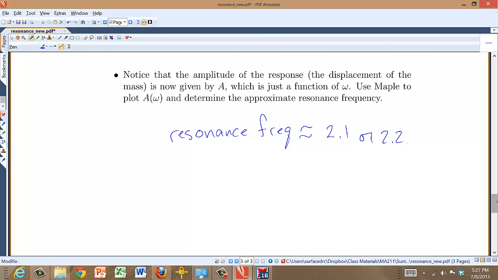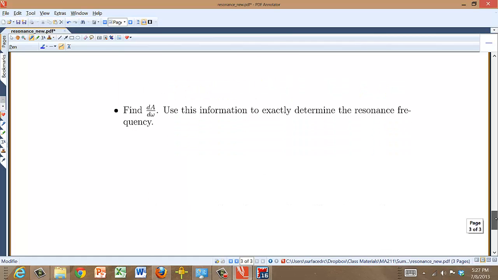We can do that, but we could also just say, well, I'd like to maximize this one function. I could calculate dA d omega. If I want to find its max, I could set it equal to 0 and solve for omega and see what happens.